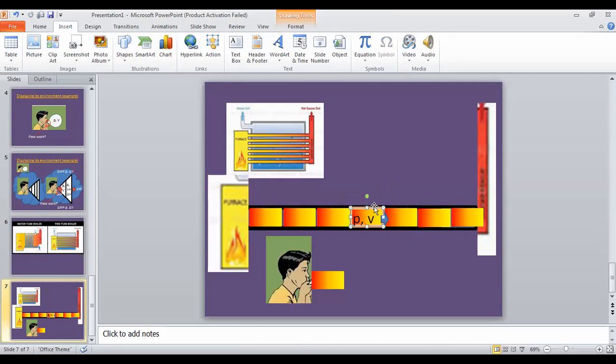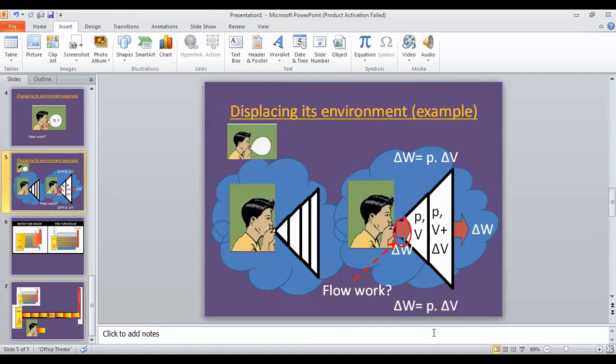So this will move from here to here. So that's how the moving is possible. It moves here. Likewise. So I'm not going to draw this. So flow work of this to replace this, again same as for the balloon example.